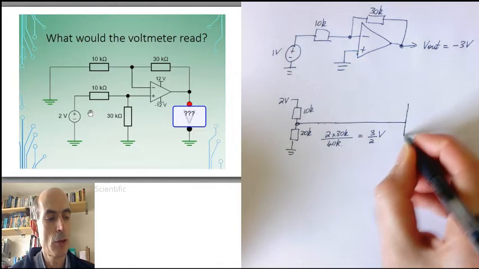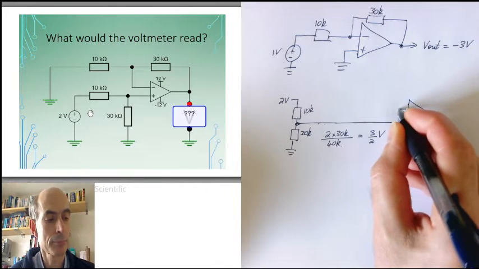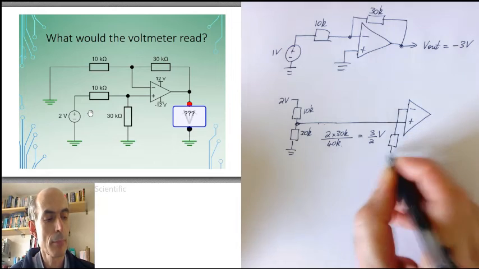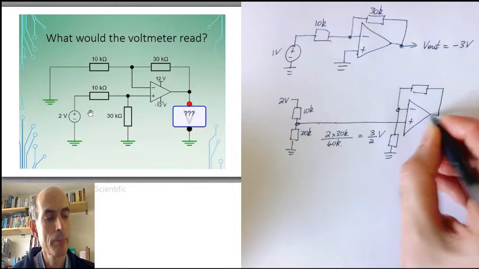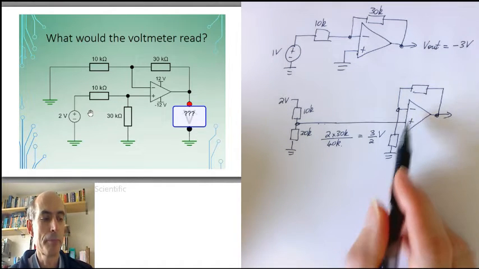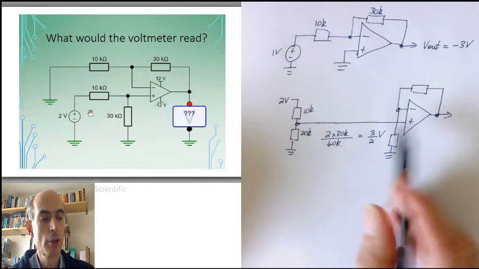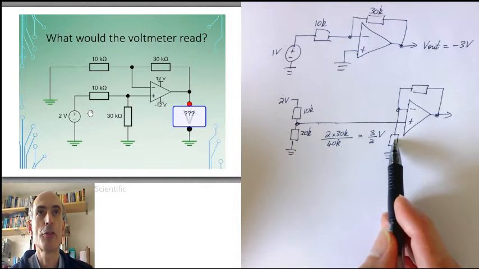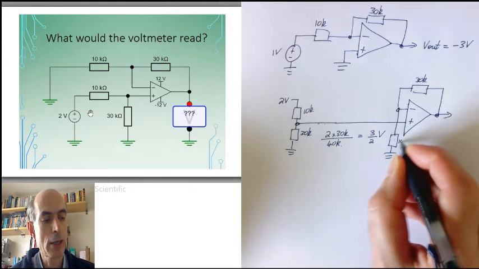That then goes into this circuit. And we've seen this circuit as well before. That is just a non-inverting amplifier. The gain of a non-inverting amplifier is 1 plus this resistor divided by this resistor. In this case, that's a 30k, this is a 10k.